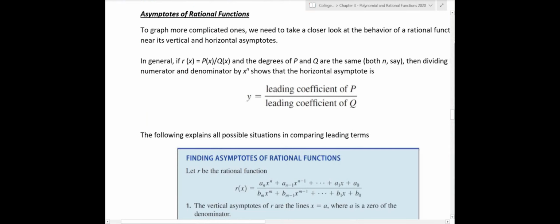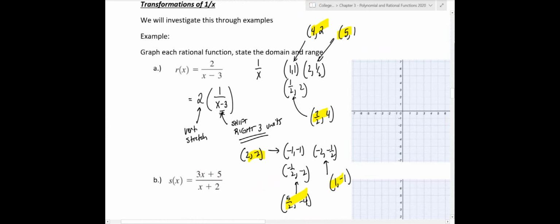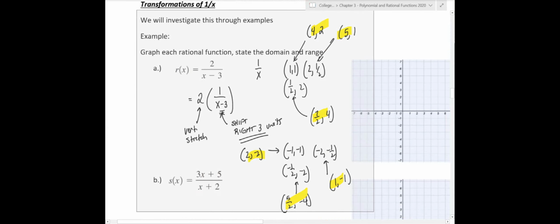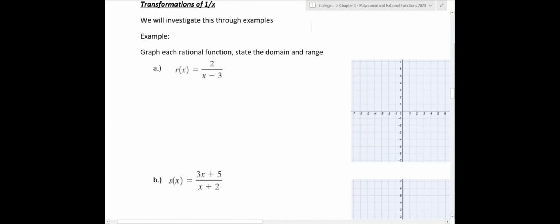Yes. I want to do one example of a transformation and how transformations can be used in rational functions. If we understand what 1 over x looks like, we should be able to use transformations with that.